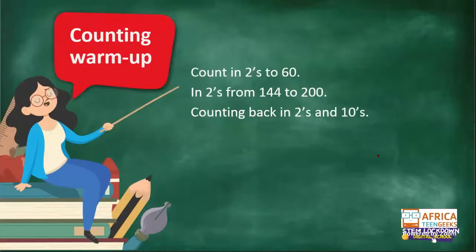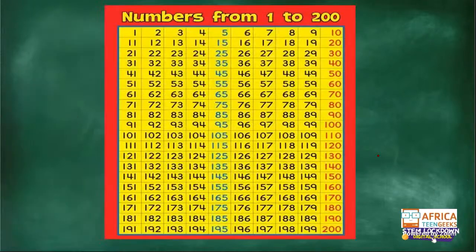Next one. Let's go back. Counting back in twos. I want you to count back starting at 48. Okay. Elijah, you are going to count for me backwards from 48 in twos. Are you ready? Elijah, start here. Elijah, let's try.